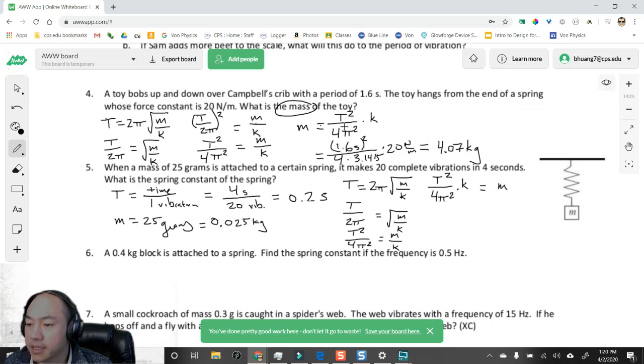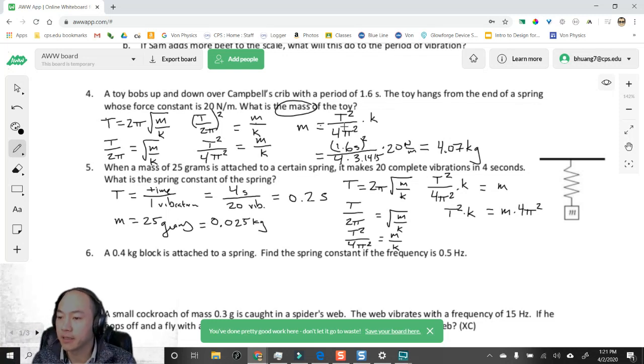Now I have K on the top here, that's good, but now I need to move this whole thing over to the right, and the way I'm going to do that is in steps. First I'm going to multiply by 4 pi squared, and then I'll divide by T squared. I'm going to multiply by 4 pi squared because it's here on the bottom. So this becomes T squared times K equals mass times 4 pi squared, right?